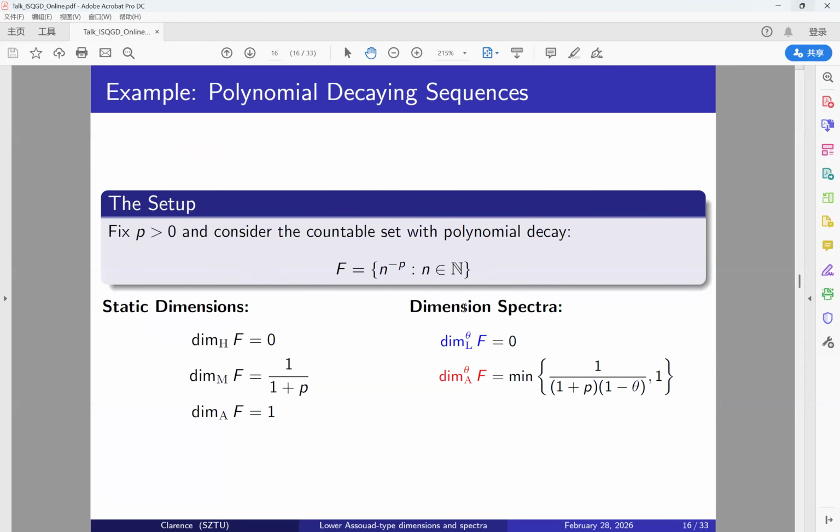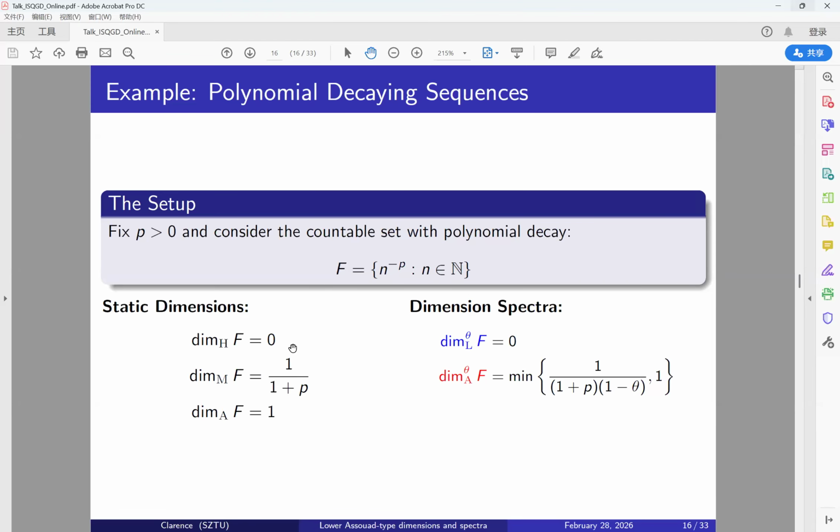Let's have another example. Let's go back to the polynomially decaying sequences for the dimension spectra. We still discuss the decreasing sequence with decreasing gaps, and we still describe the set F here, for fixed p.